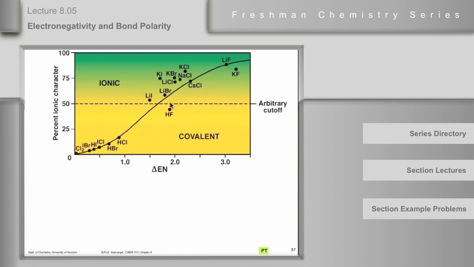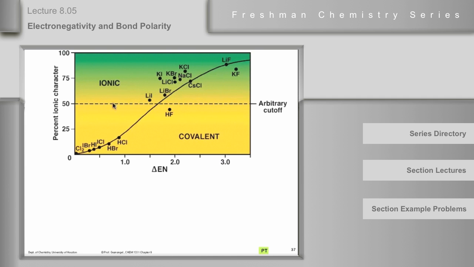And here is the diagram, and the dotted line across is 50%. The vertical axis is percent ionic character. The horizontal axis is electronegativity difference. Now notice something important. Two things, and then I'll let you go.